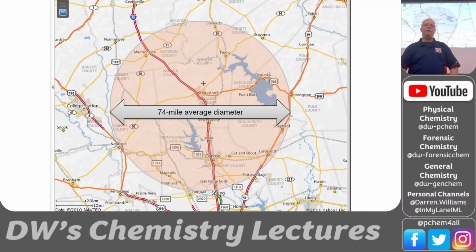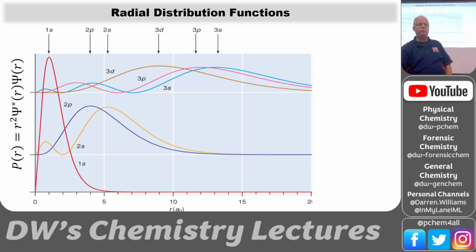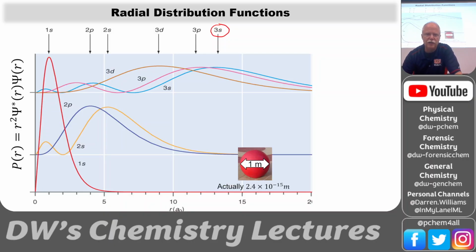So we talk about chemistry taking place at the valence electron level, the furthest out electrons. So let's look at some valence electrons. Let's go to sodium. So here's all of the different orbitals and their most probable radii. And so here's sodium. It's got a 3s electron. That's its valence electron.